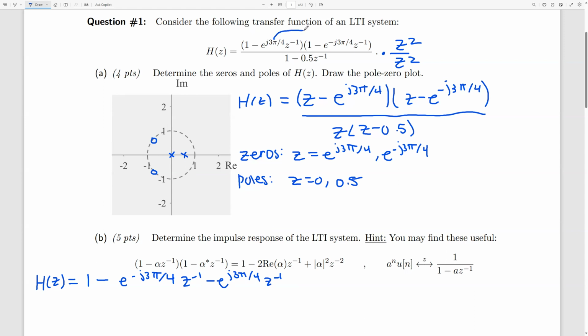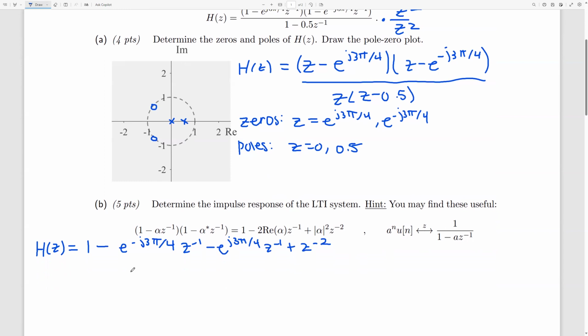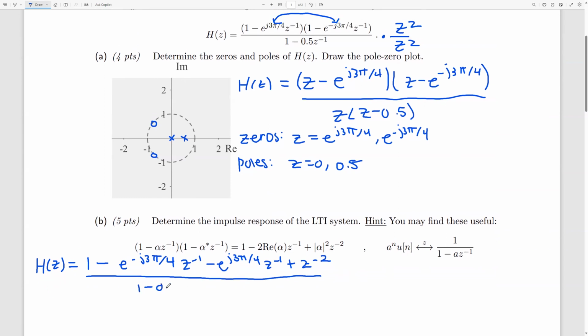And when I multiply these two together, you'll just get that they're 1, so I'm going to get plus Z to the negative 2. And the denominator is fixed: 1 minus 0.5 Z to the negative 1.